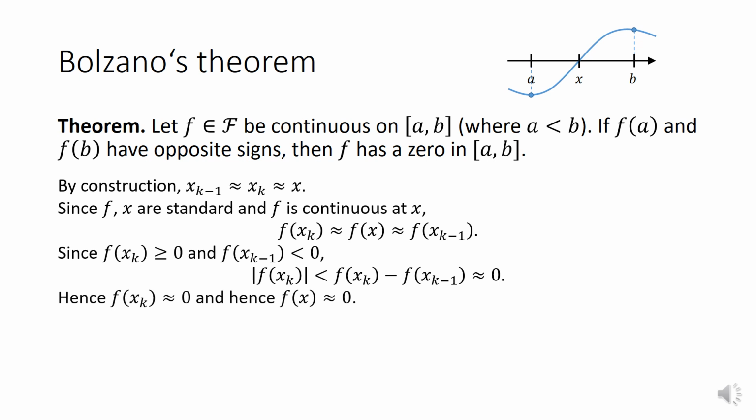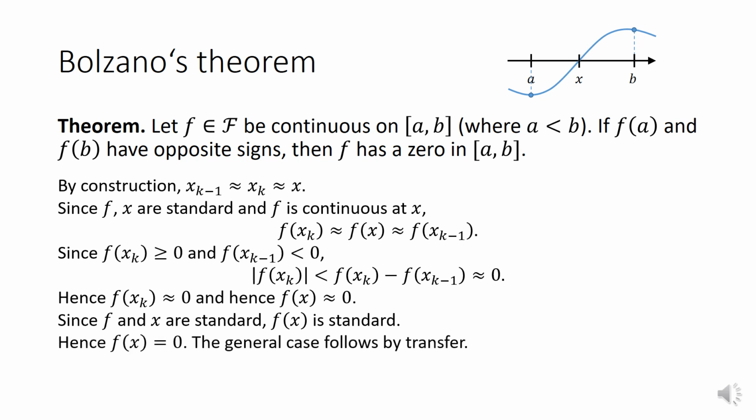Hence, f of xk is infinitesimal, and hence f of x is infinitesimal. Since f and x are standard, f of x is standard. Hence, f of x is equal to 0. The general case follows by transfer.